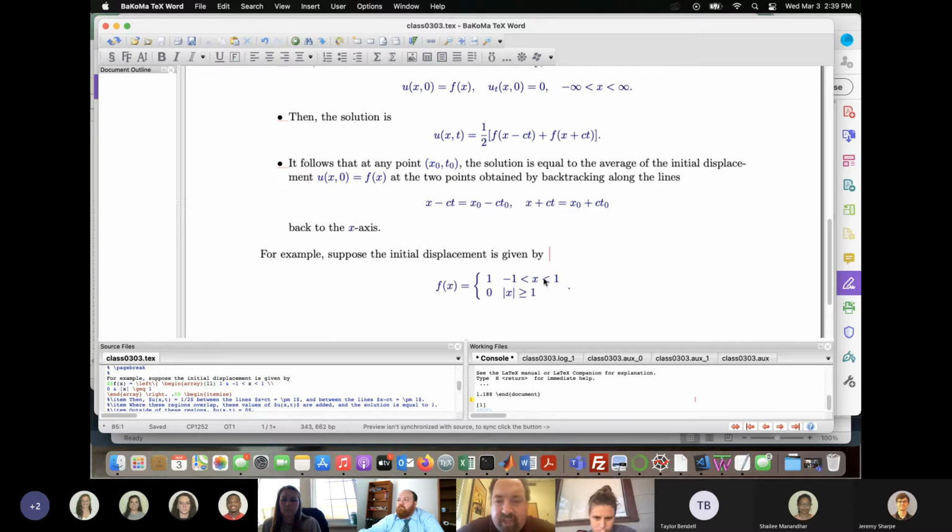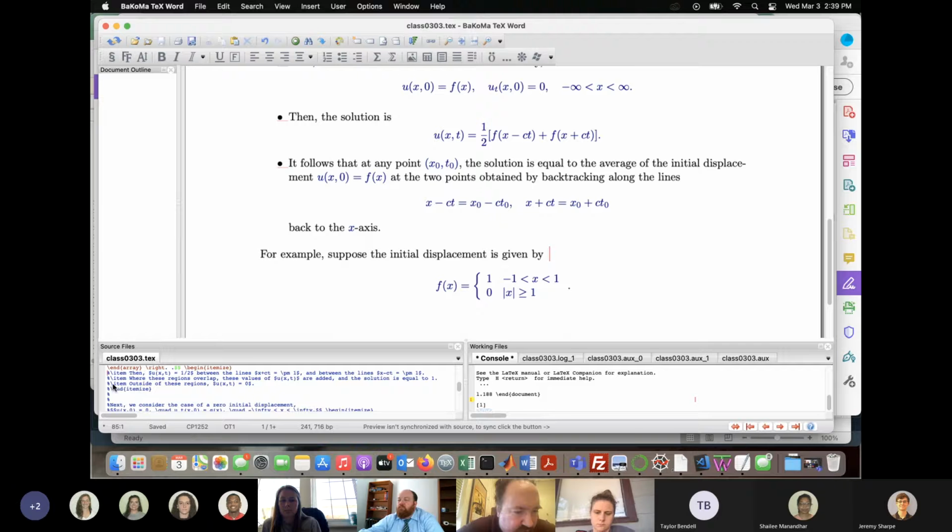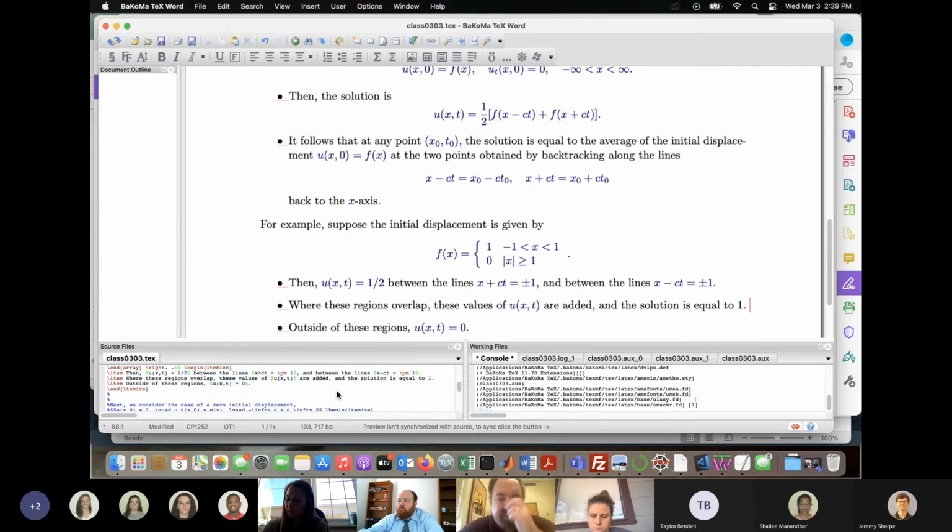So let's suppose this is our initial data. It's equal to 1 when x is between -1 and 1, and 0 otherwise. Then the way the solution behaves, I'll summarize right here, but I'll also show you.